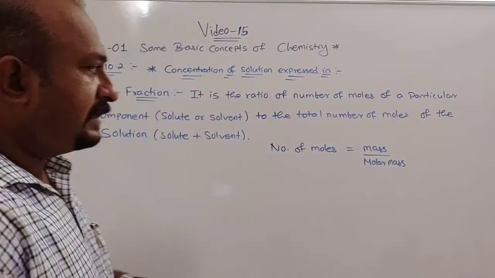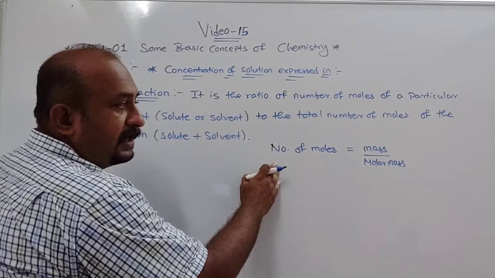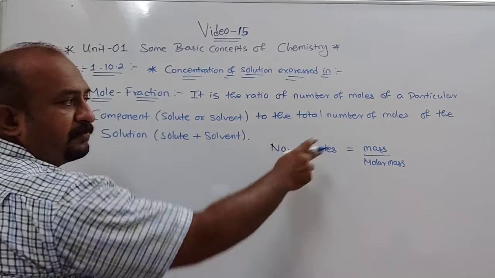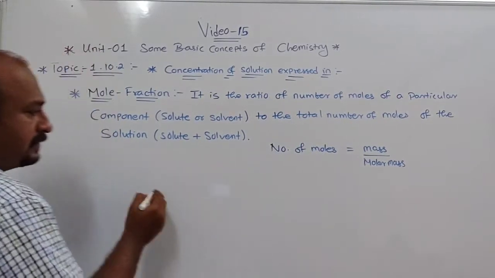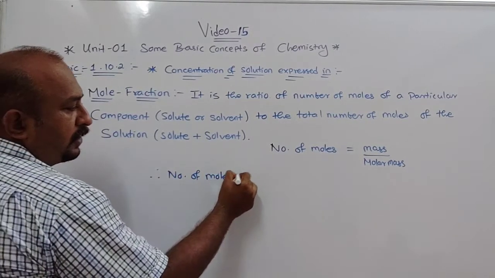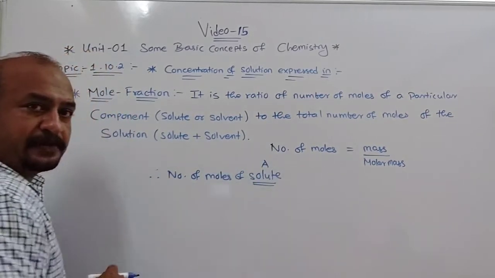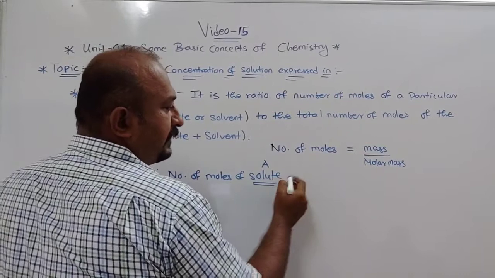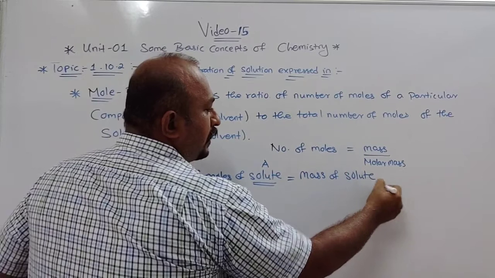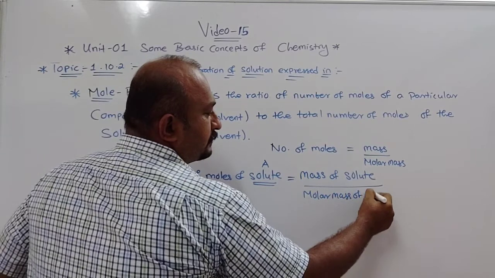So for the formula of mole fraction, before going to that, we'll first see the number of moles formula for solute and solvent. The number of moles formula is mass upon molar mass. So the number of moles of solute, that is component A, is equal to mass of solute upon molar mass of solute.